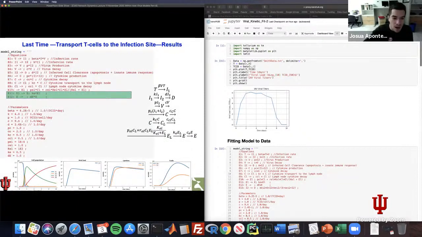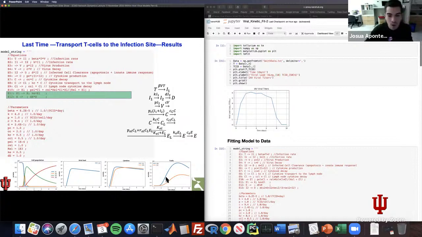So now we can compare those two. Now we have the cells in our tissue, we have the viral load, we have the cytokine in the tissue and then transported to the lymph node. Then we have the T cells in the lymph node, and then the T cells in the tissue.